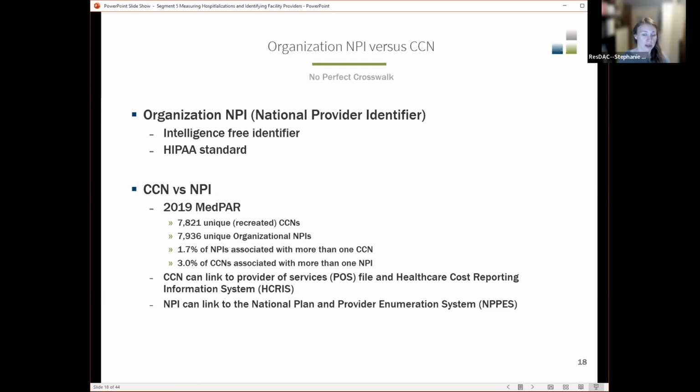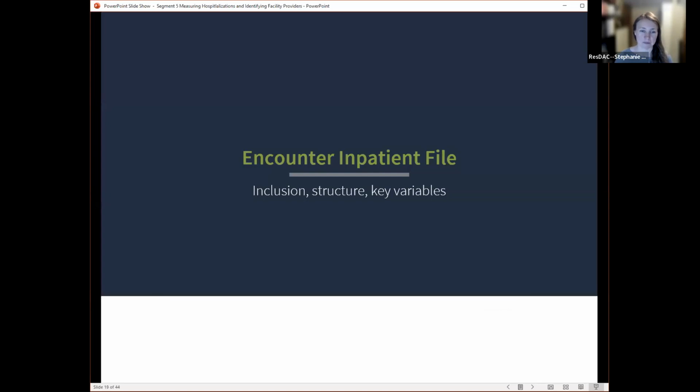They're also called the healthcare cost reporting information system. The NPI, on the other hand, you can get more information about the provider using the National Plan and Provider Enumeration System. Some people call it the NPPES. That's a file that you could use. It's got organizational taxonomy. So you can use it to sort of say what type of provider this is, and we'll talk more about that later.